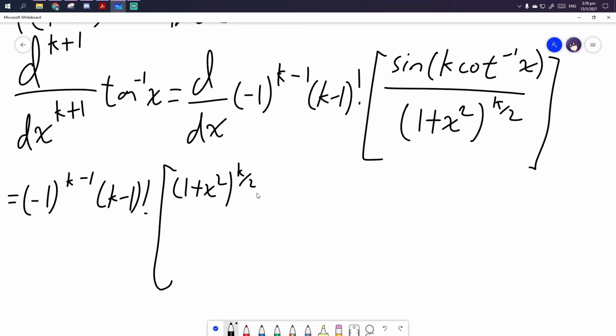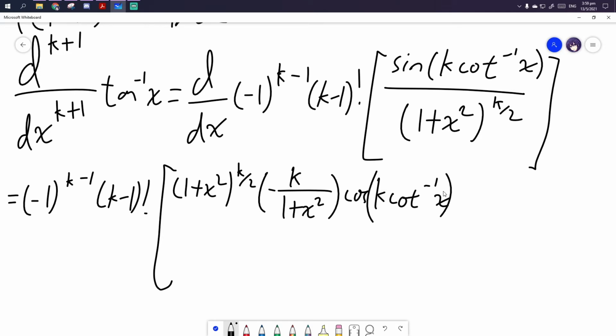Then the derivative of the top, we're not going to simplify it in terms of k, because we can just do the implicit differentiation, and we should get, I believe, negative k over 1 plus x squared, multiplied by cosine of k cotangent inverse of x, and then we subtract sine of k cotangent inverse of x.